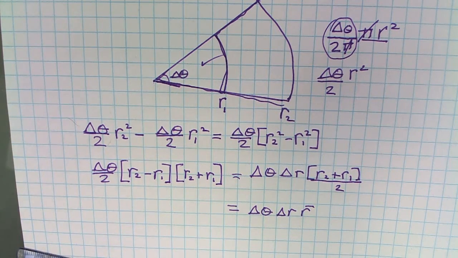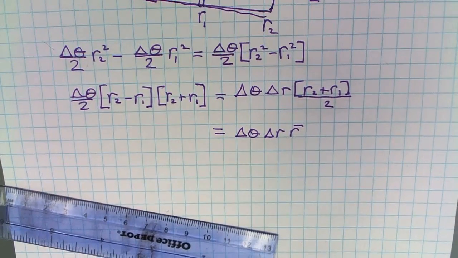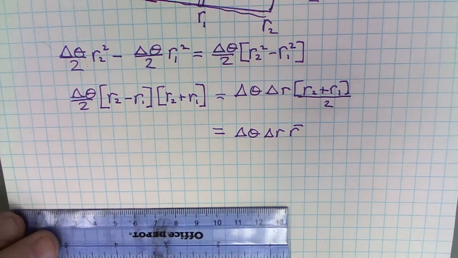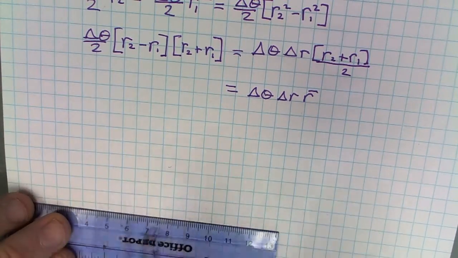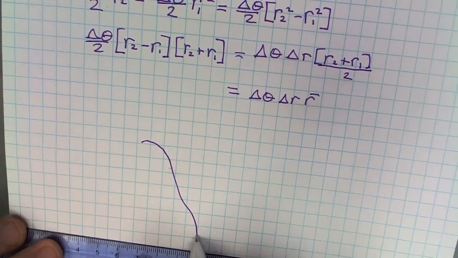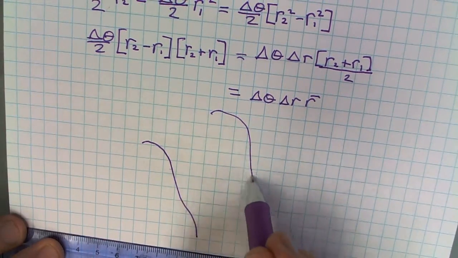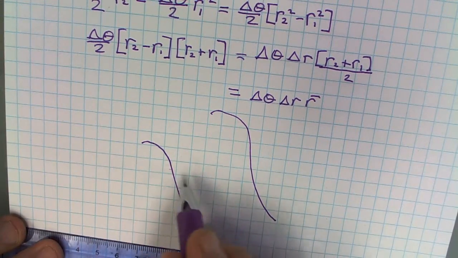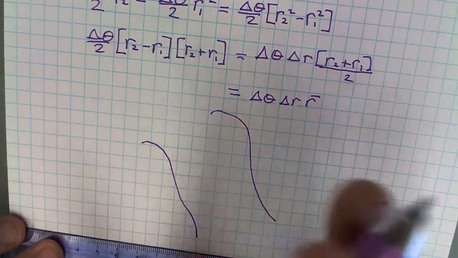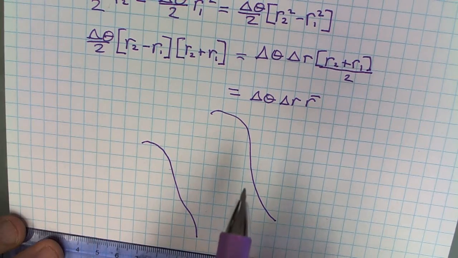With that in mind, let's build on that, because what we're trying to do is develop the definition of a double integral in polar coordinates. Let's suppose that we've got a curve down here, and then we've got another curve. So here is a region, and above us is some surface, but we're not concerned about that right now.